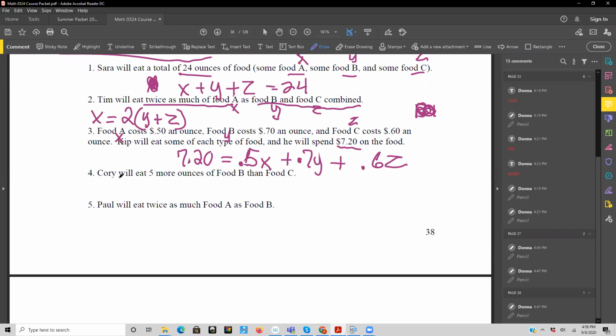All right, let's try another one. Let's see, this is Y and this is Z. I'll put them underneath. All right, Corey will eat 5 more ounces of food B than food C. Okay, where do I put the 5? Well, I want food B to be more, so I'm going to put 5 here. Let's see. Okay.